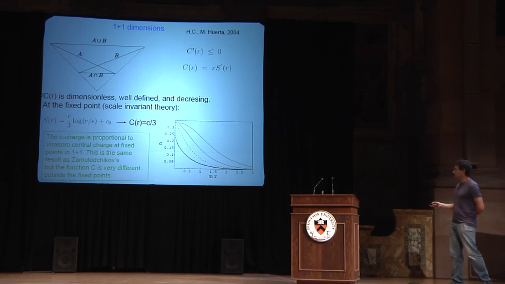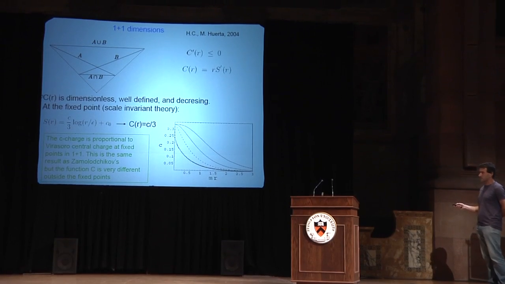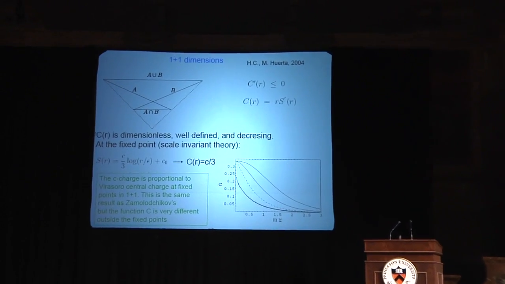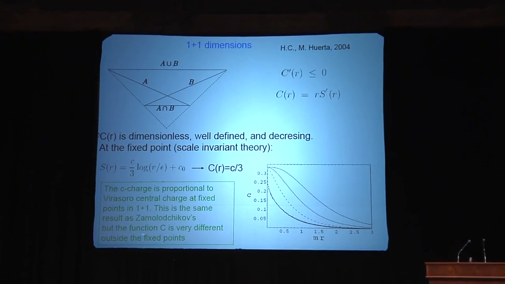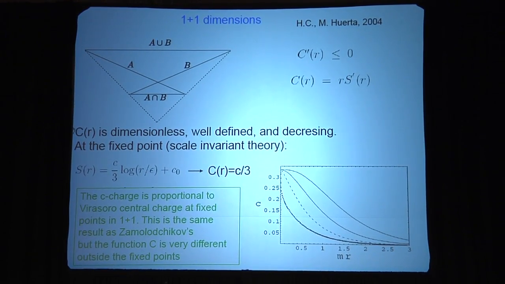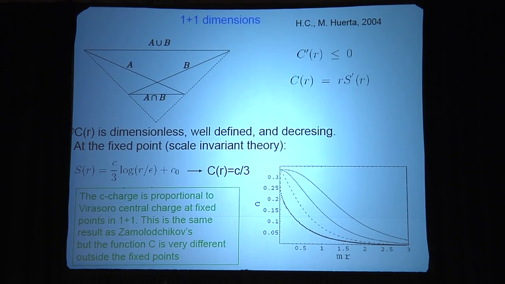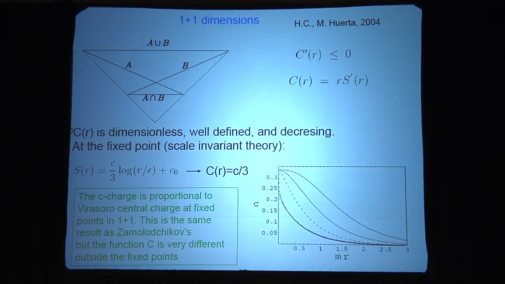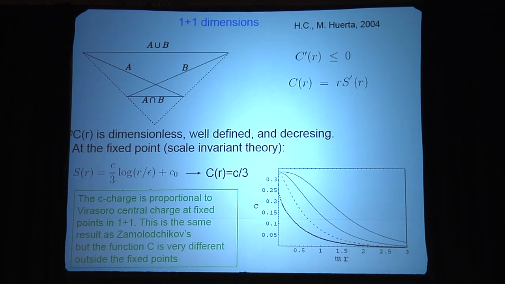So this proves the same theorem of Zamolodchikov in a different way, and in fact, the interpolation function outside the conformal fixed points is very different. For example, here I have the C functions for free fermion and scalar.